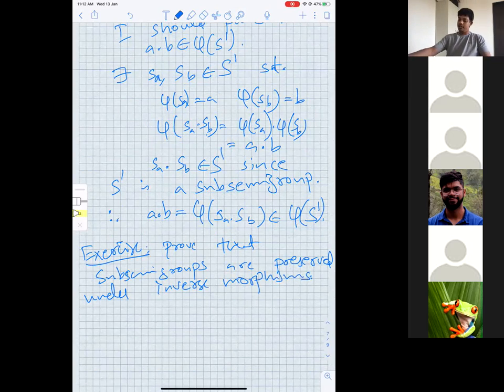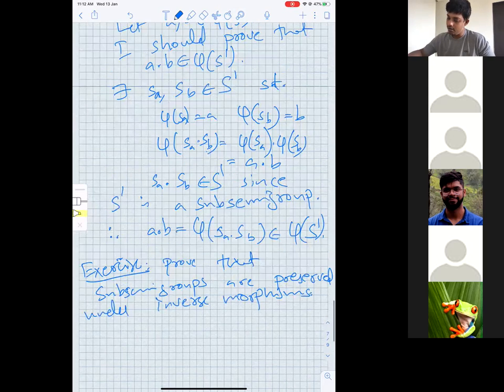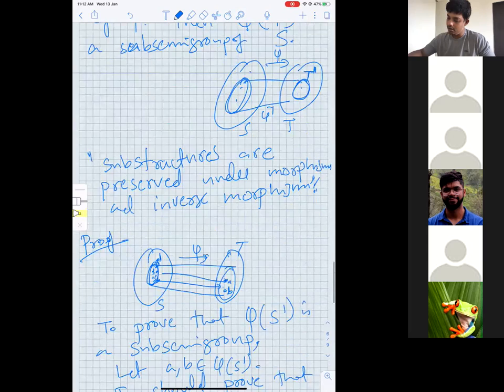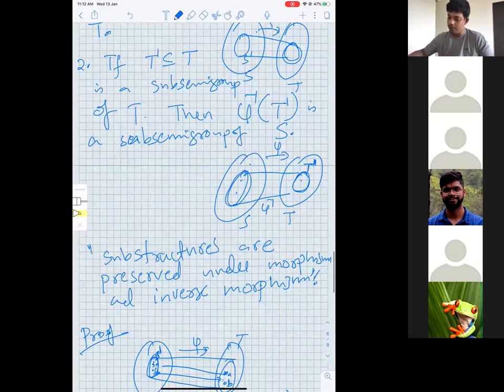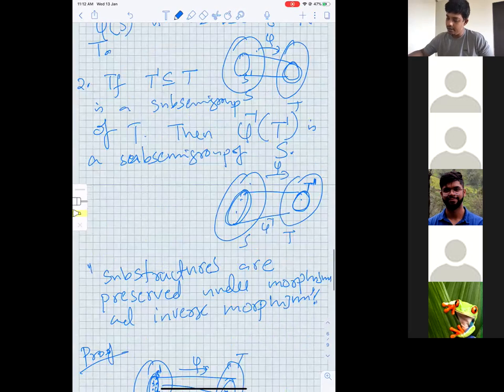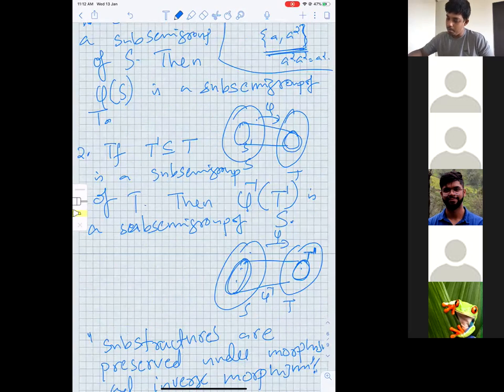Okay, so please do that exercise. It's just applying the definition, nothing more. All right, so for the moment, I'm going to take that subsemigroups are preserved under morphisms, and inverse images of subsemigroups are again subsemigroups.